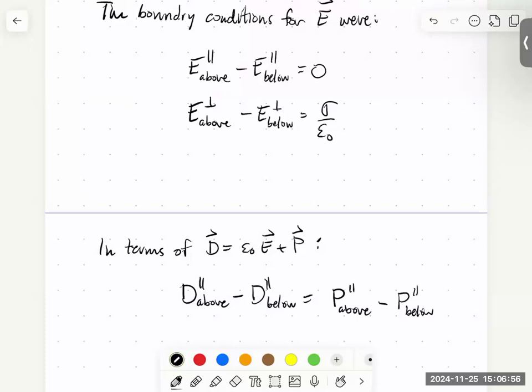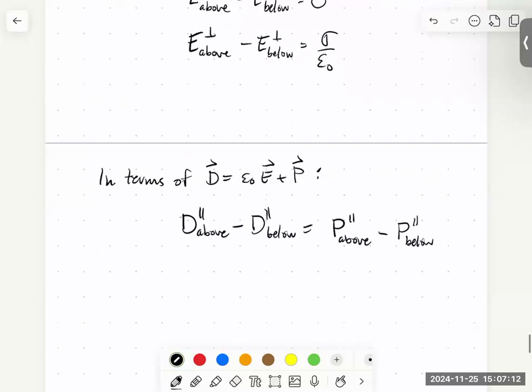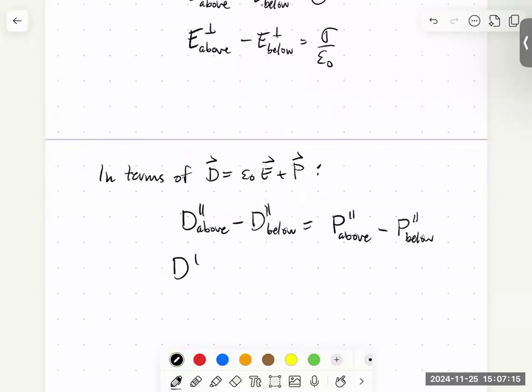Now, if it was a boundary between a dielectric and free space, say, P above would be 0, but you could have a sandwich of dielectrics, one dielectric and then another one on top, and they could have different polarizations at that boundary. Okay, and then D perpendicular above minus D perpendicular below is equal to sigma free. So we get rid of the epsilon naught, and then we put our little subscript free to distinguish it from that bound charge.